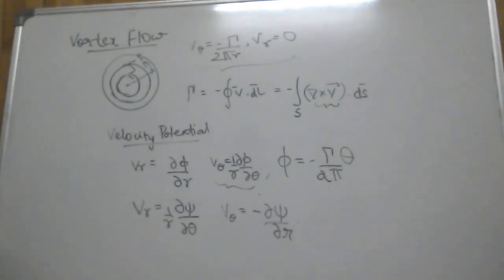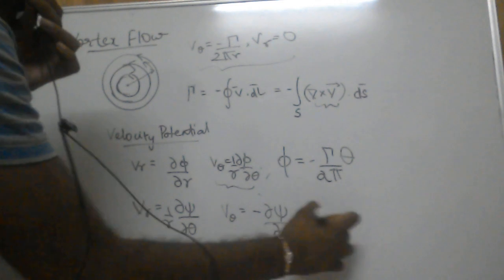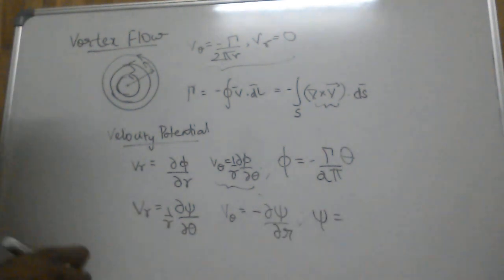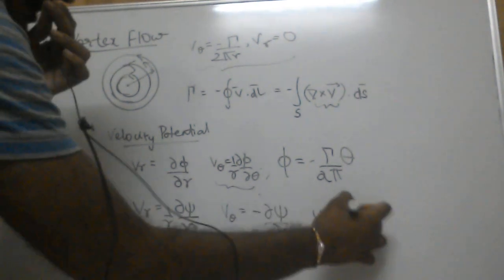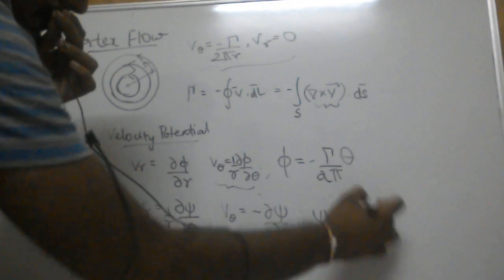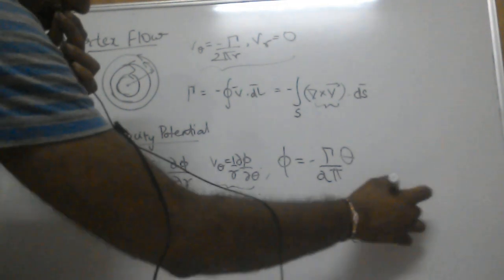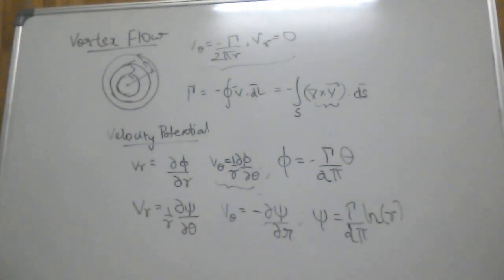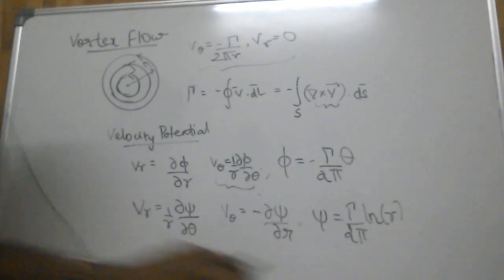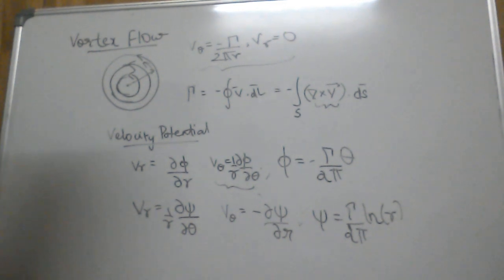I won't be performing the integration, but I request the viewers to try it out themselves, and what you would get is the stream function is equal to gamma by 2 pi logarithm r. So this is what you would get on integrating, right? So this is pretty much what a vortex flow is about.